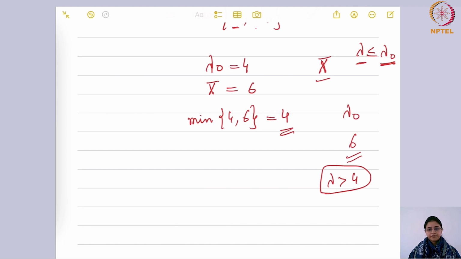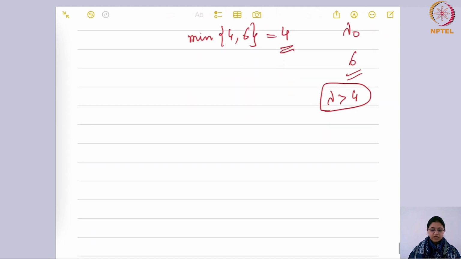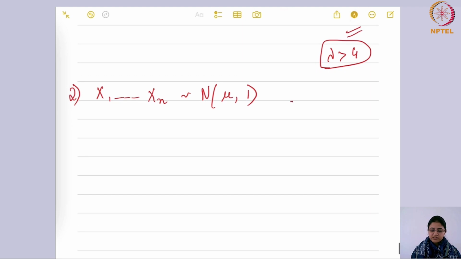The next example that we had was drawing a random sample from a normal distribution with mean mu and variance 1. Here we said that the mean has to be greater than 2.